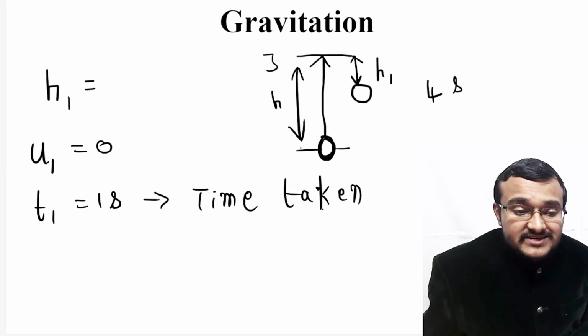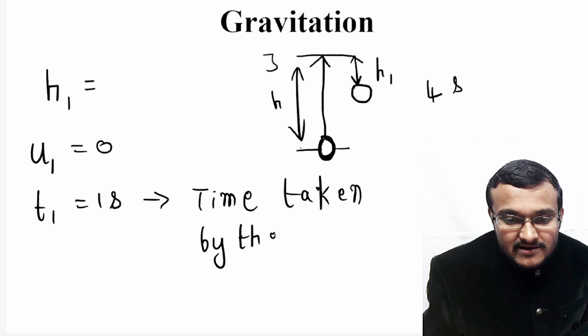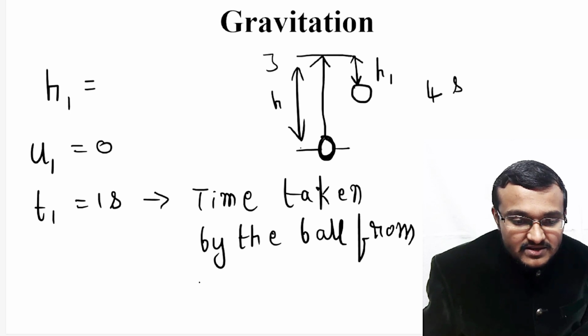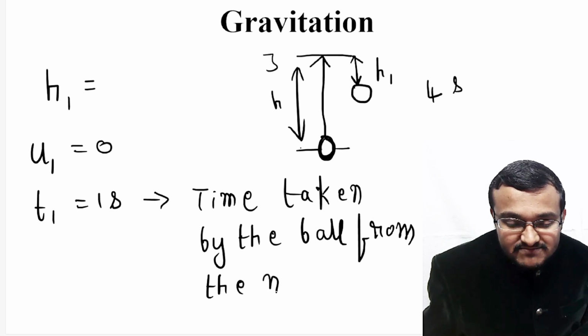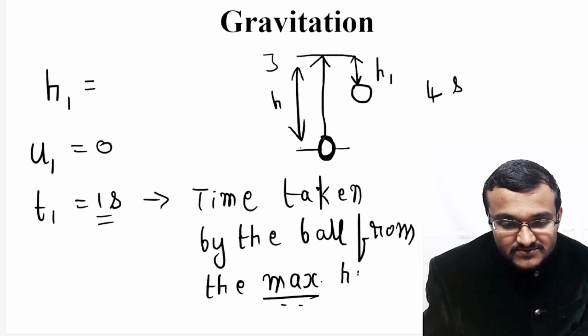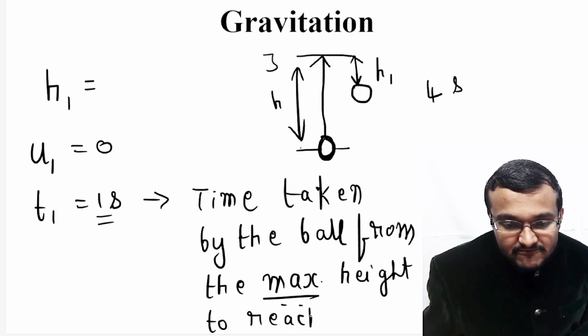So this t1 is the time taken by the ball from the maximum height. This 1 second is the time taken by the ball from the maximum height to reach the position which we have to calculate.